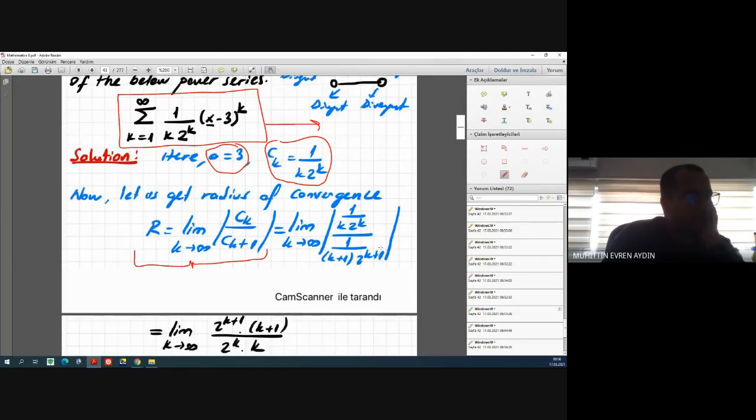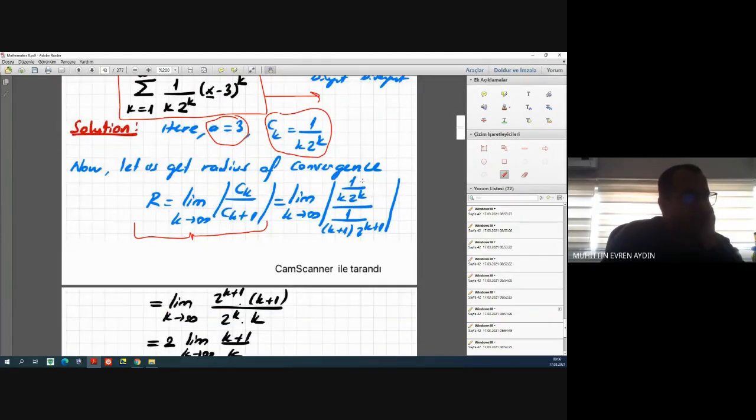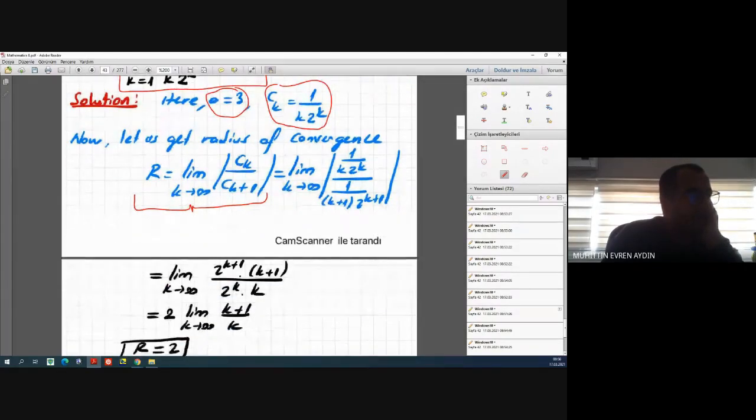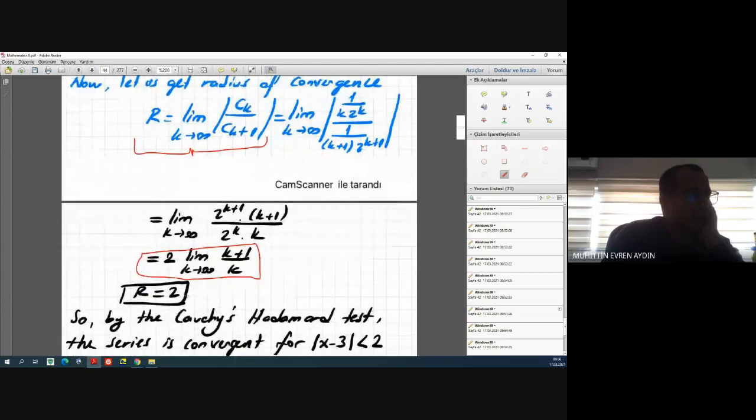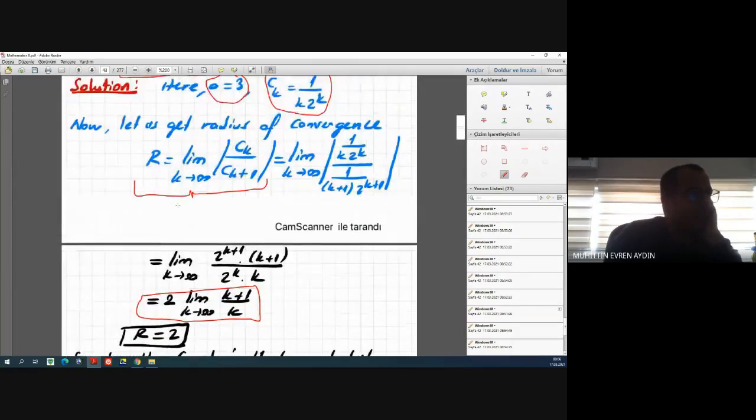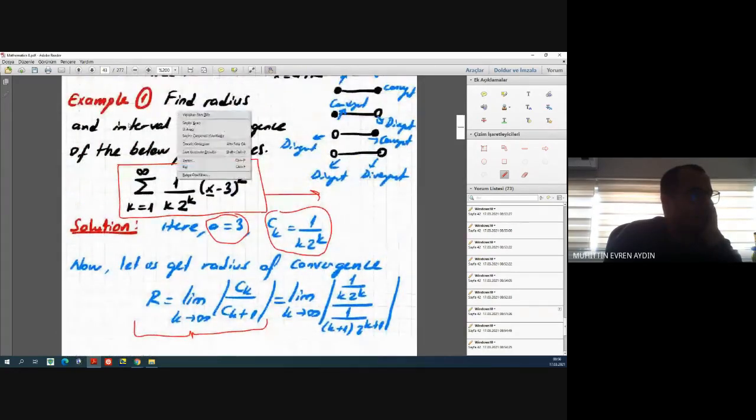After some manipulations, we have this limit, and this limit equals 2, which means that our radius is 2.